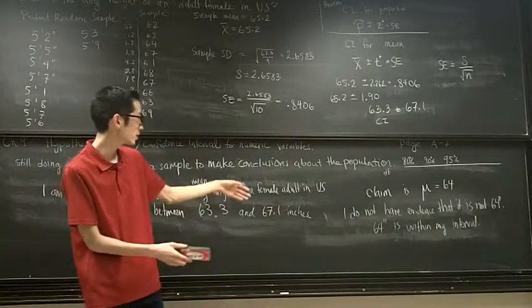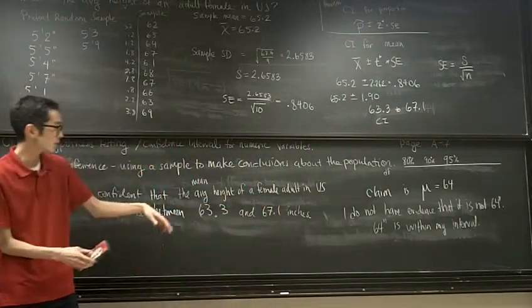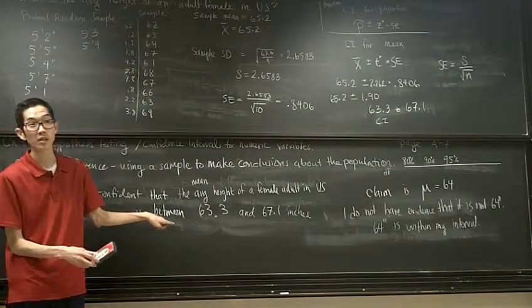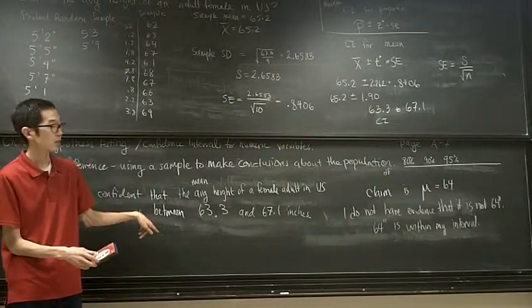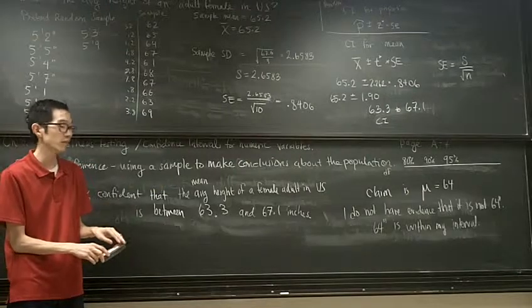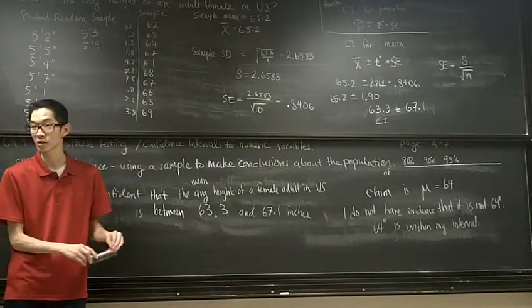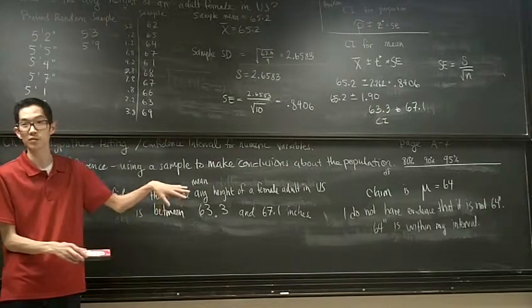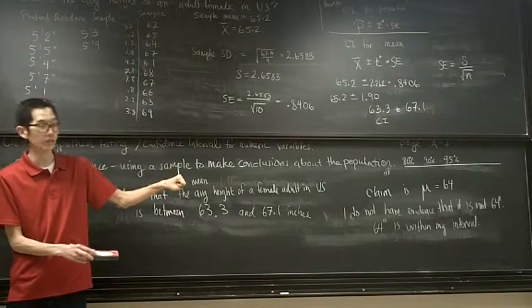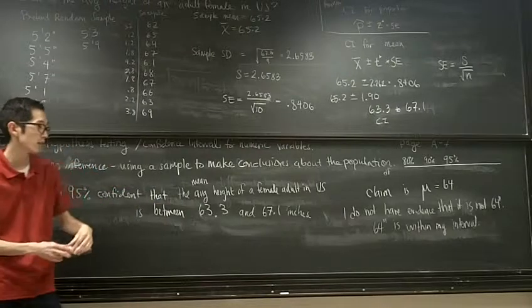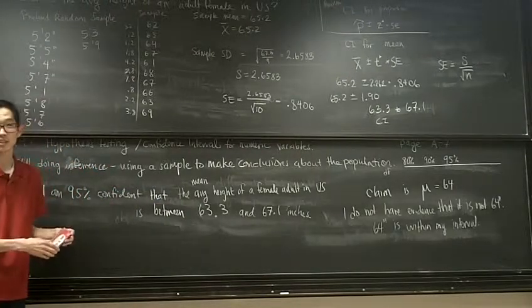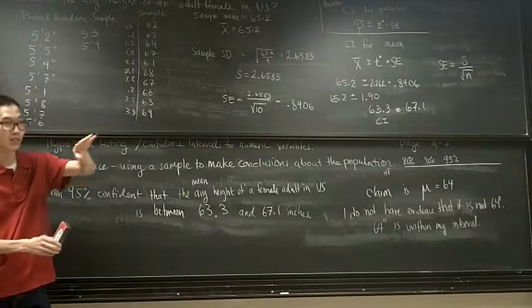On the other hand, if somebody says, is it 63? 63 inches is outside of my interval, barely, but it is outside of my interval. Then you can say, I have evidence that it's not 63, okay? You can say you have evidence that it's not any number outside of the interval. Any number inside the interval, you can say, I don't have evidence that it's not that number. Okay. I know it's a little tough.